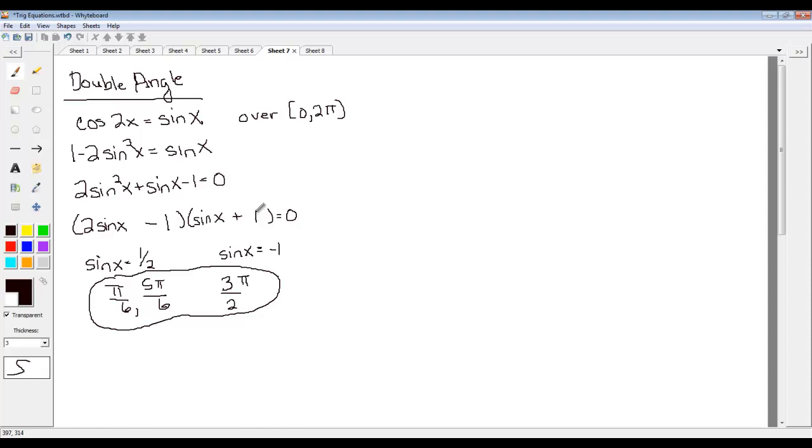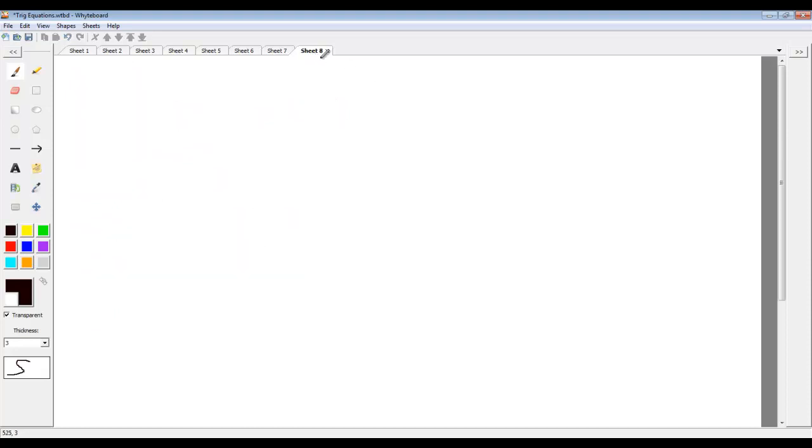Alright, then let's do one more. And that'll be enough for now. Situation with multiple angle identities. Let's say you have something like 2 cosine squared theta minus 2 sine squared theta plus 1 equals 0.